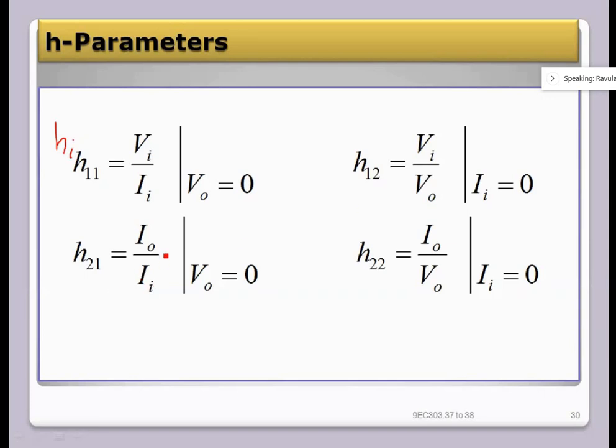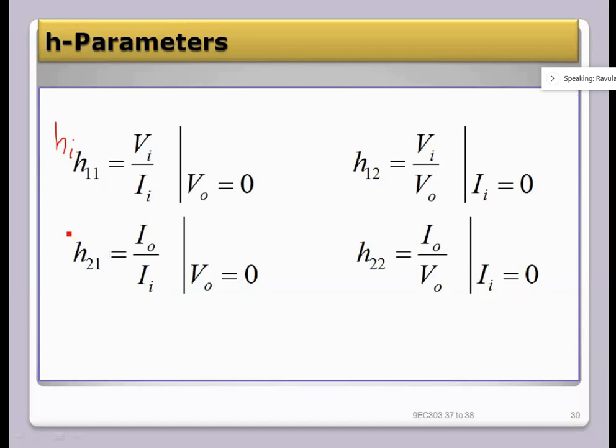Similarly, H21 is I0 by Ii. What is this? It is the equation of gain, output by input. What parameter are we using here? Current. So current output by current input, so it is a current gain.